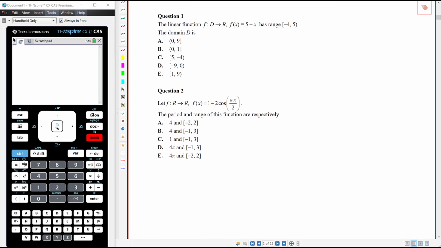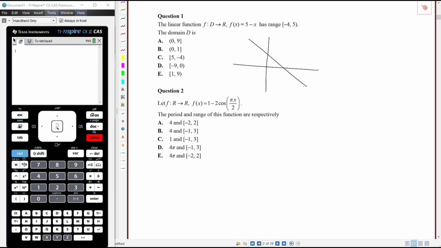So question 1, the linear function f with an unknown domain. It has rule f of x equals 5 minus x, and it has range (-4, 5]. The domain is... So one of the key things you need to be careful about here is that it's a linear function but with a negative gradient. So it goes down as we go from left to right. It's 5 minus x, which means a negative gradient with a y-intercept at 5.